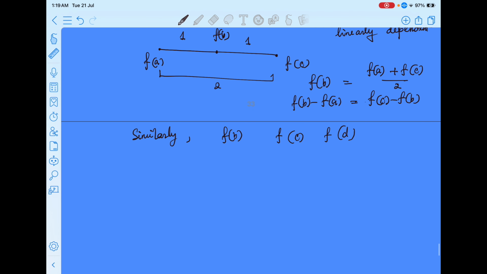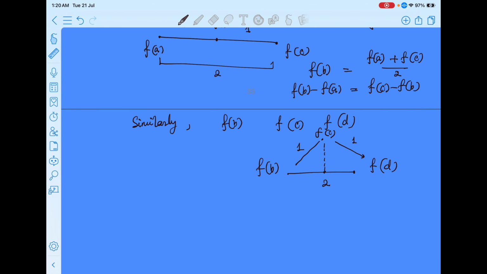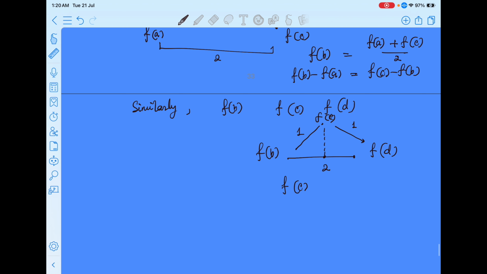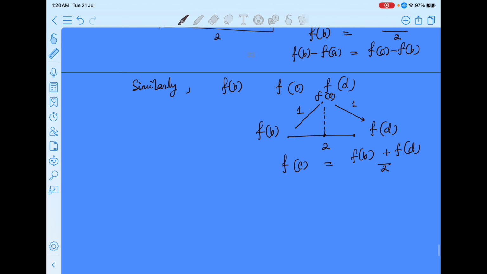What we defined is that f of b and f of d have distance 2, and f of c and f of b have distance 1. So f of c is the midpoint on the line joining f of b and f of d, so f of c equals f of b plus f of d divided by 2. This implies that f of c minus f of b equals f of d minus f of c, simple, as vectors.